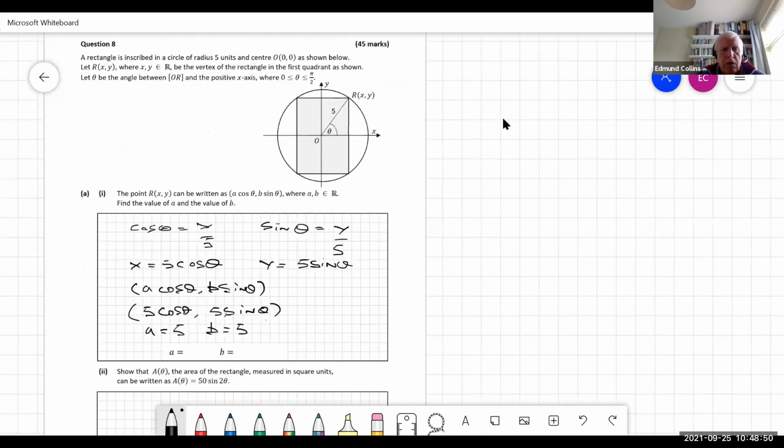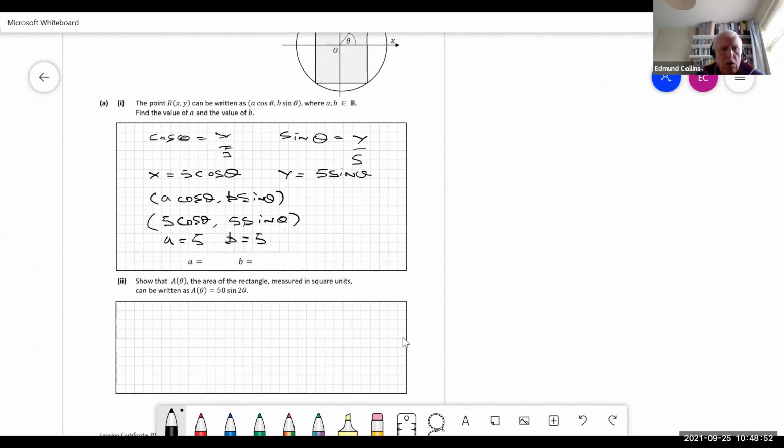That's good, because we already know that x is 5 cos theta. So 2x is going to be 10 cos theta, and 2y is going to be 10 sine theta.